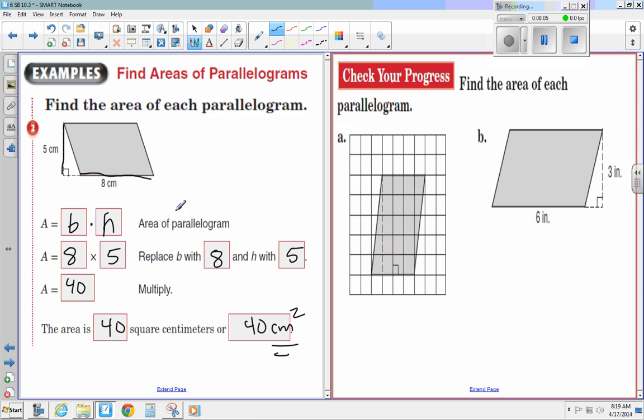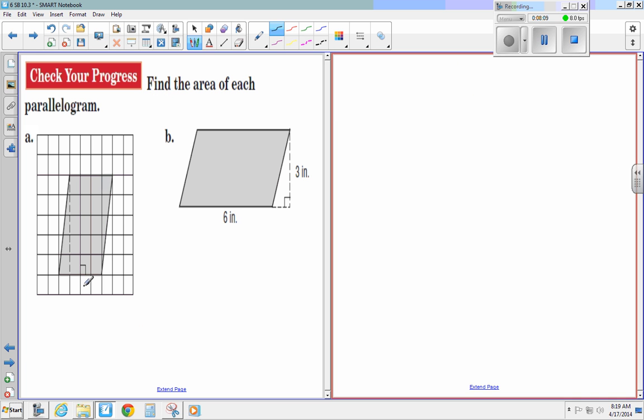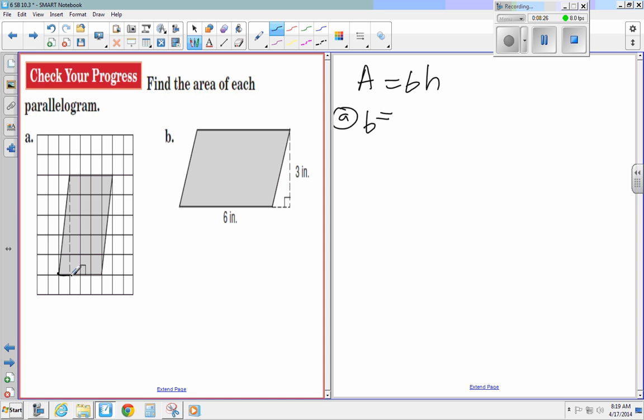All right, so let's find the area of each of these parallelograms. For the first one, we need the area of a parallelogram. Area of a parallelogram is the base times the height. Well, for A, the base is equal to 1, 2, 3, 4.